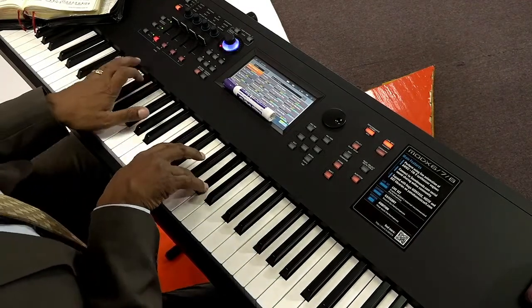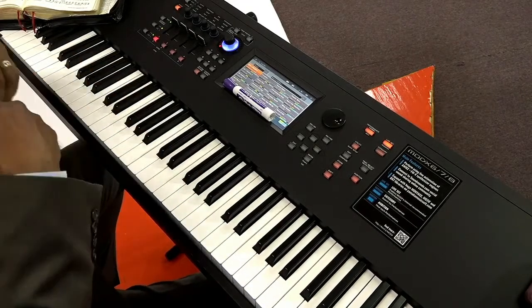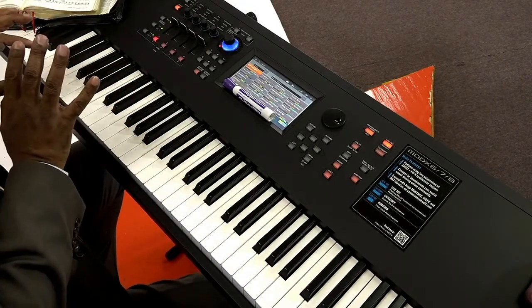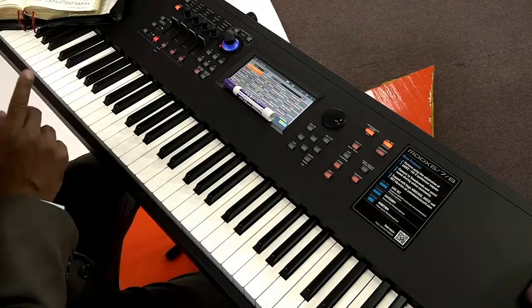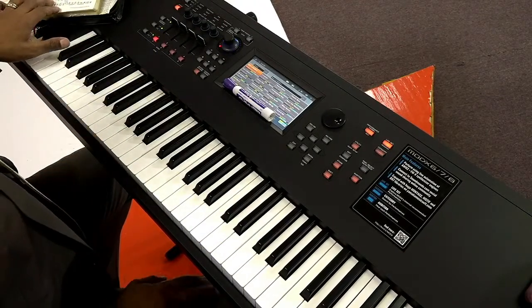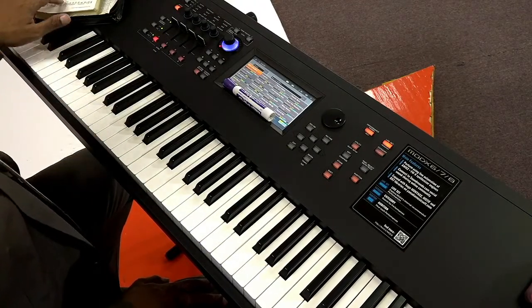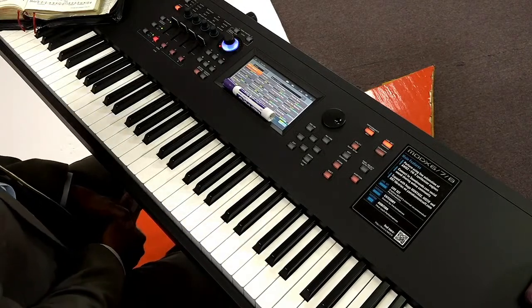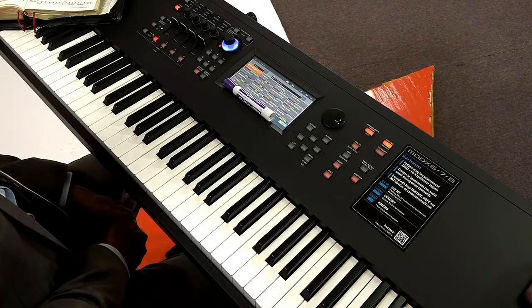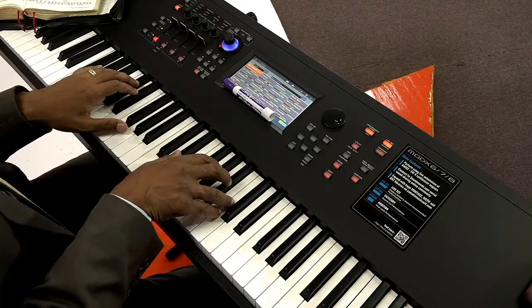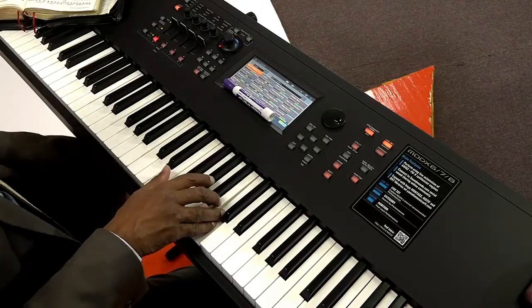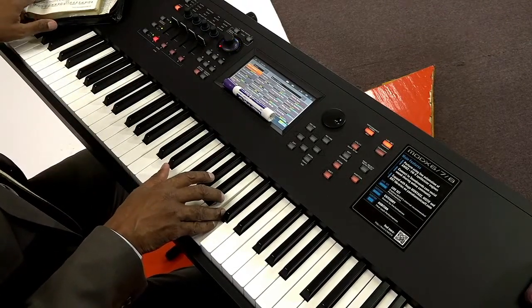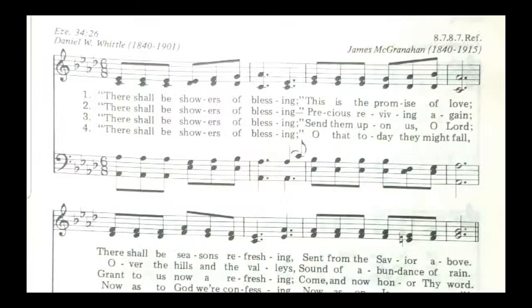Very good. Now, practice that, looking at the notes and the words. Now, let us look at the chorus. And I'm going to point out something in the chorus of Showers of Blessing. If we look at the music sheet, you'll see there is one note in the chorus where it goes Showers of Blessing.